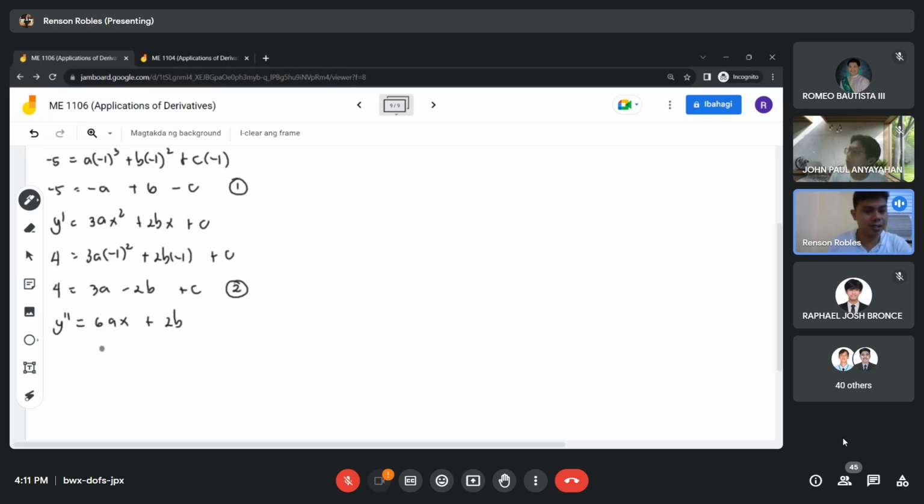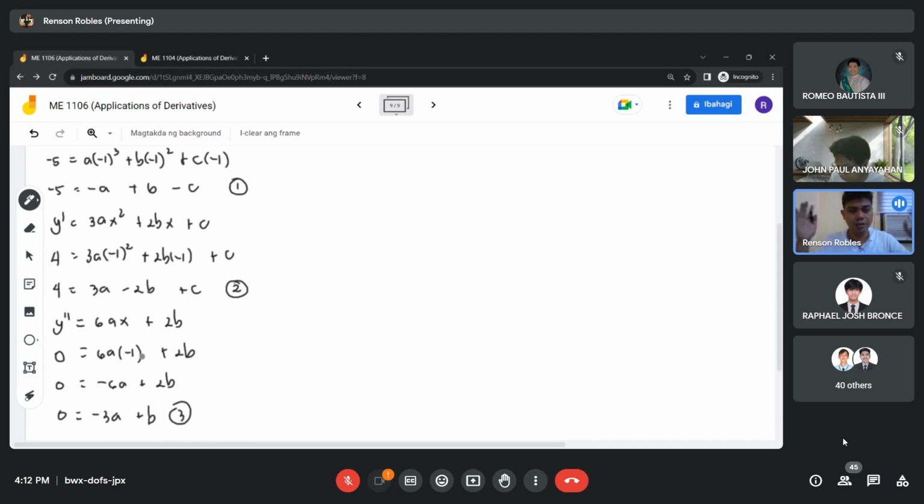And then you say that the second derivative is 0 whenever x is -1. So you have 0 equals -6a plus 2b. And then you divide this by 2 so that you'll get smaller coefficients: 0 equals -3a plus b. And then you mark this equation 3.